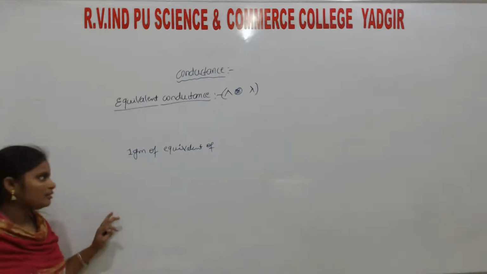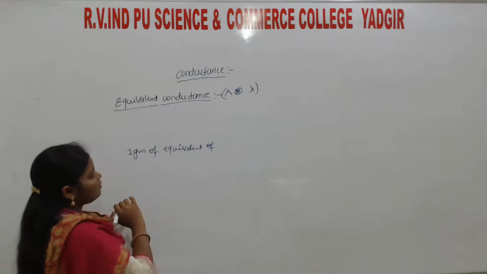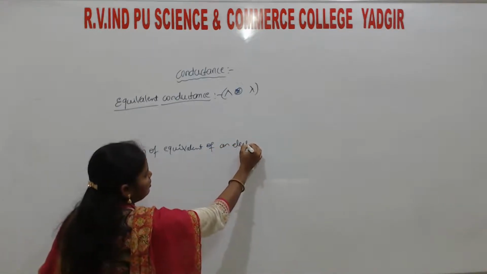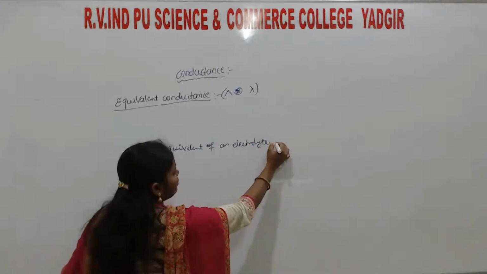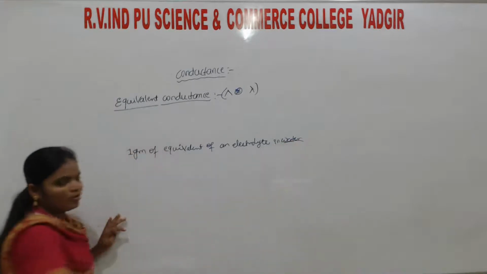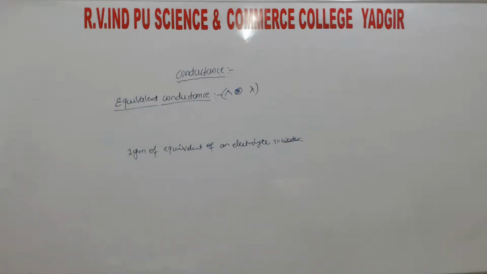That is, 1 gram equivalent of an electrolyte dissolved in water. This is known as the equivalent conductance.